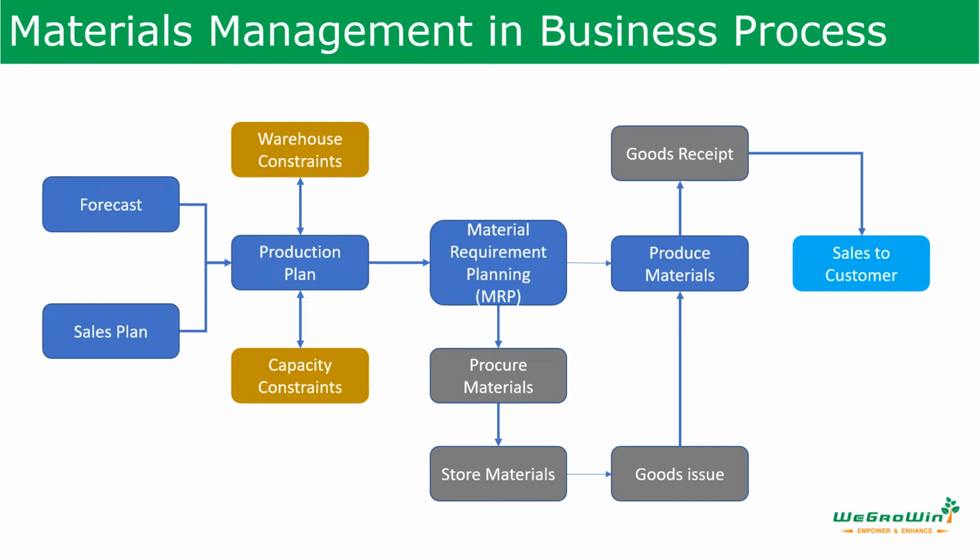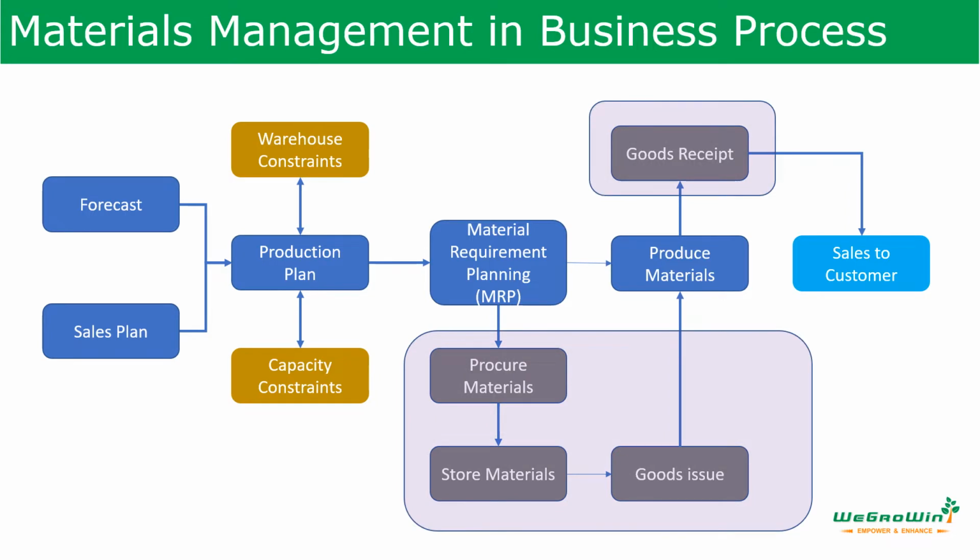The produced products will be received, and then sold to the customer. In this, material management plays an important role in procuring materials, storing materials, goods issue, goods receipt, physical inventory, inventory management, and many other things. But as an overall business process, this is the role of material management.